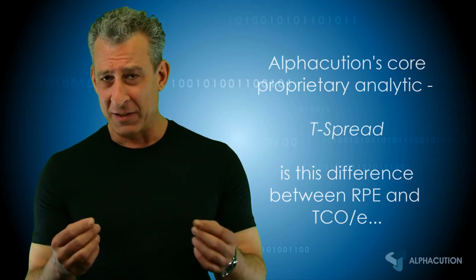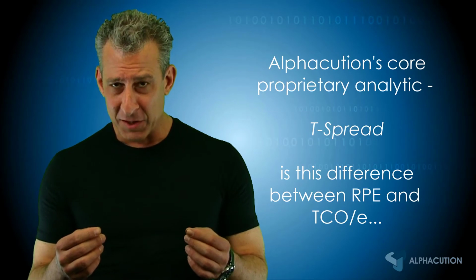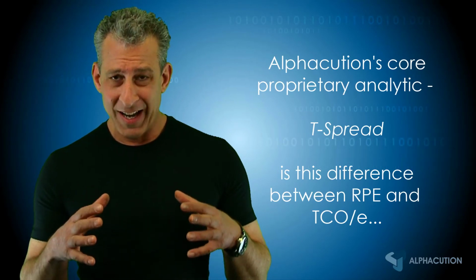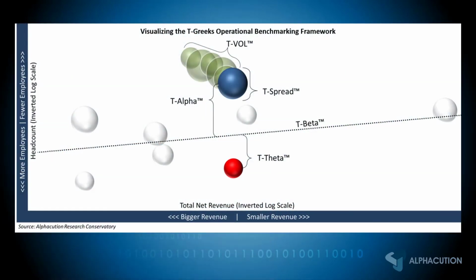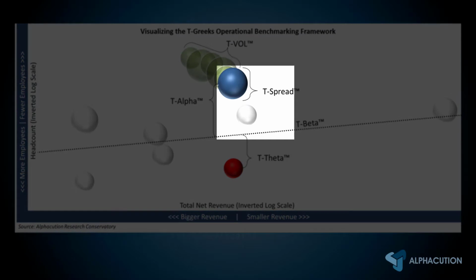So the core analytic, the first analytic that we're going to look at to describe this framework and answer the question about what is your company's return on technology, we call T-spread. And the T-spread is simply the difference between revenue per employee and total technology spending per employee, per company, per period.